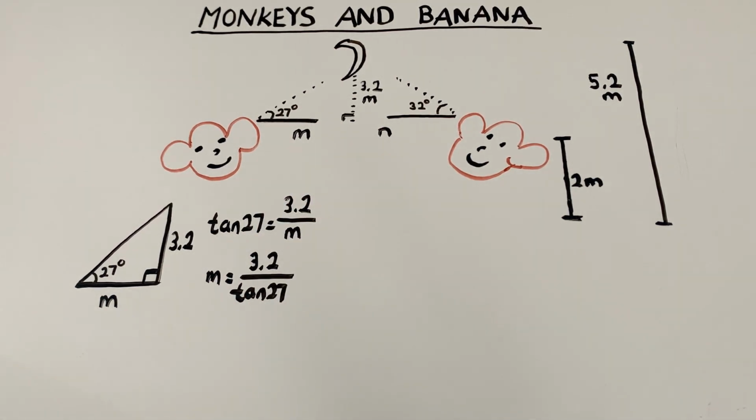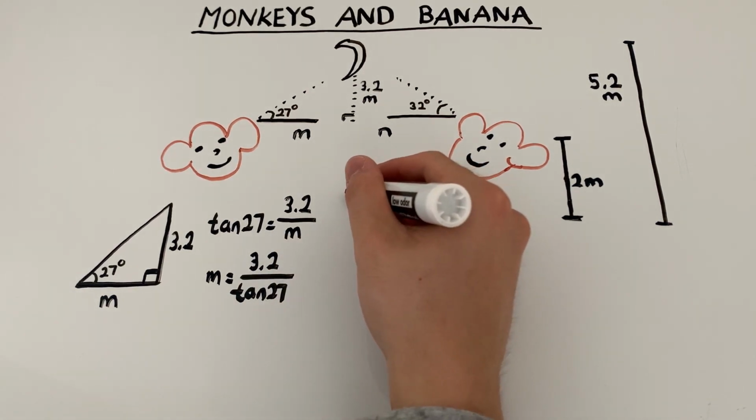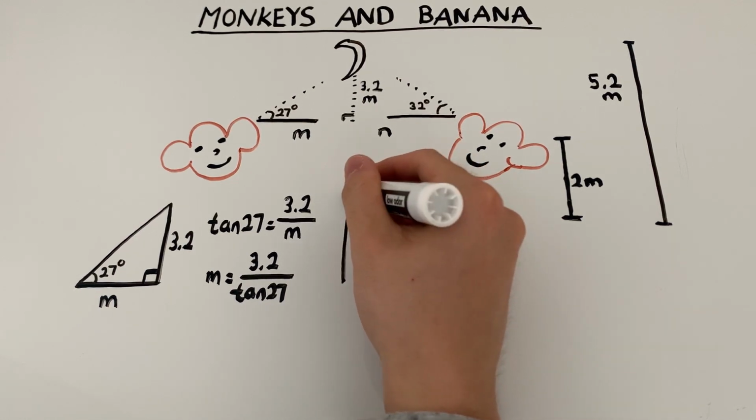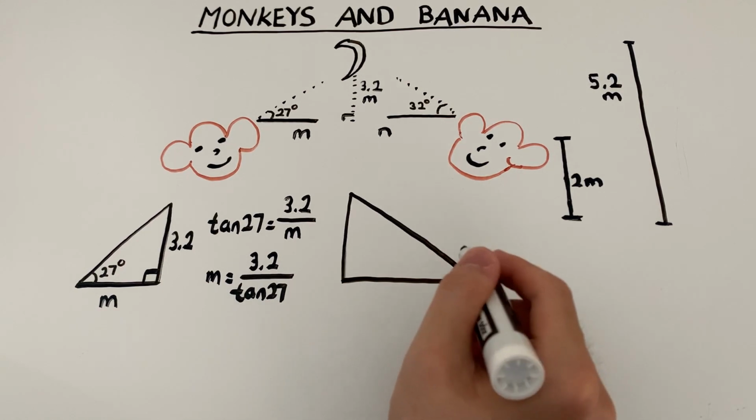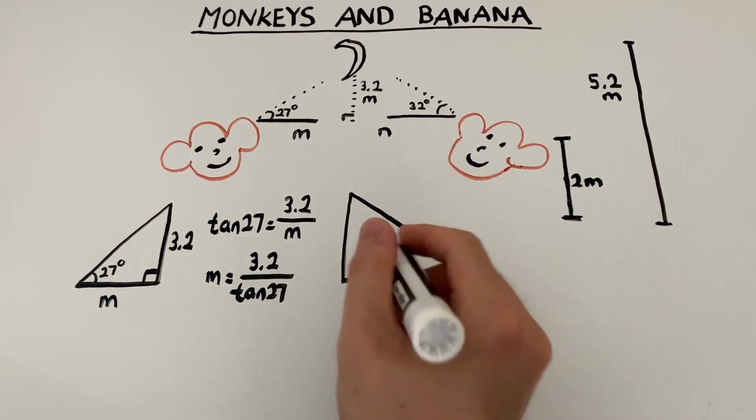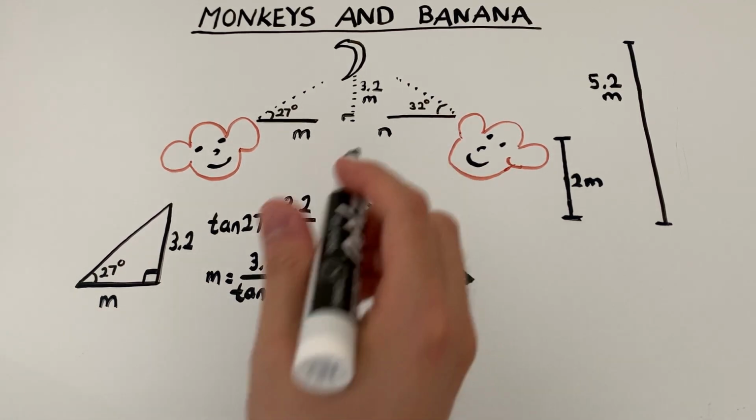Nice, that's the first triangle done. Let's repeat the process for the second triangle. So I'm going to draw that one here. Like that. Okay.